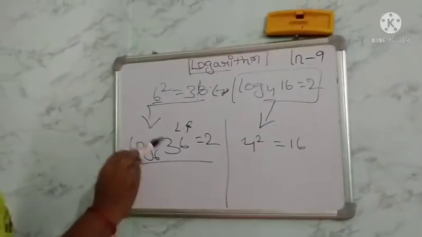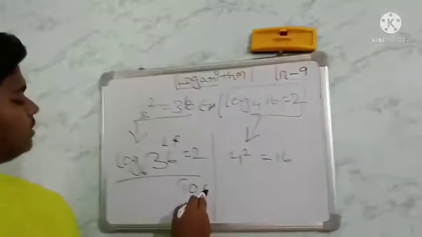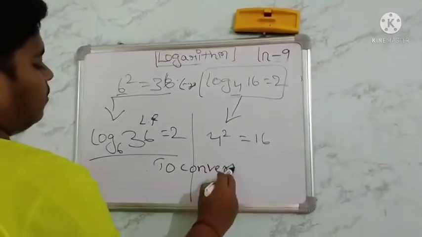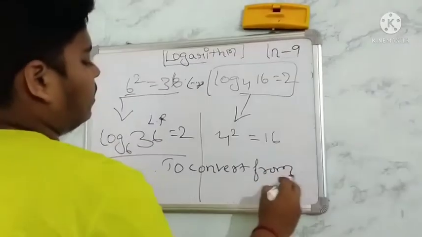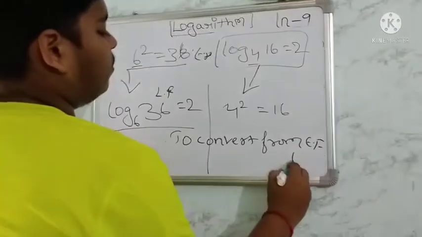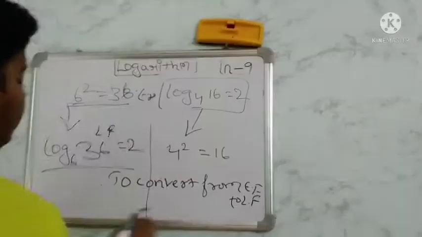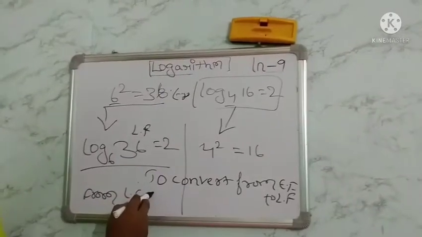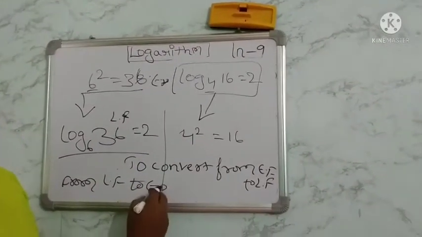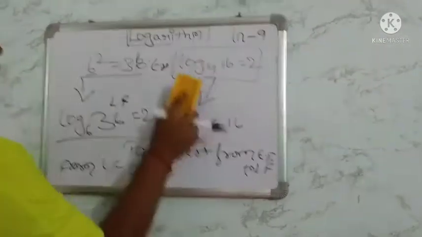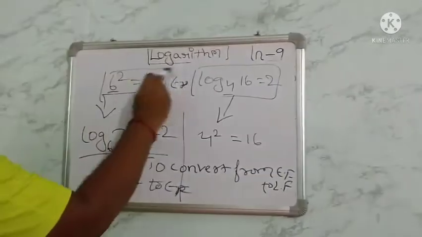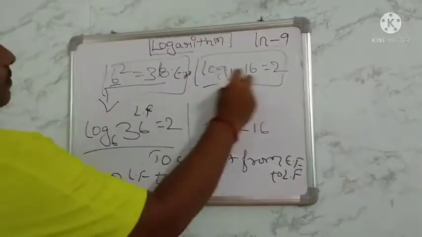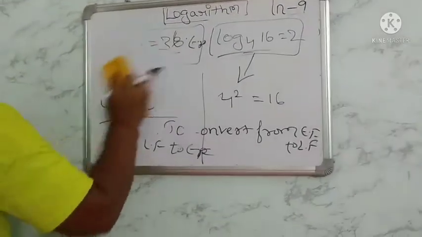So we learned two things: to convert from exponential form to logarithm form, and from logarithm form to exponential form. We learn these two formulas.